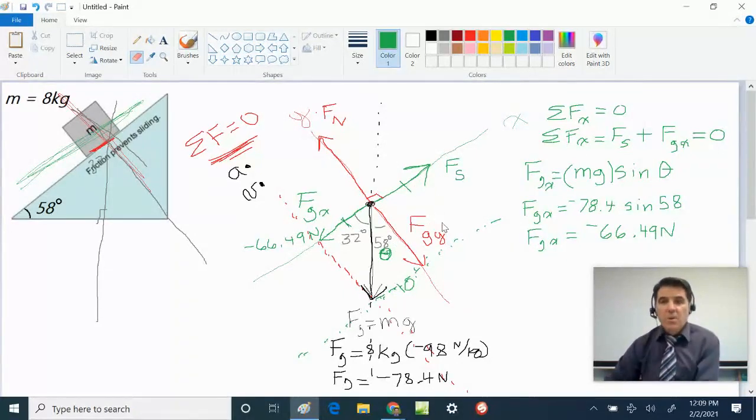Anyways, that means my FS is also going to be 66.49, but it has to be a positive 66.49 because they are equal and opposite, so that they cancel out, so that I have no net force, and I'm not going to accelerate along the x-axis.